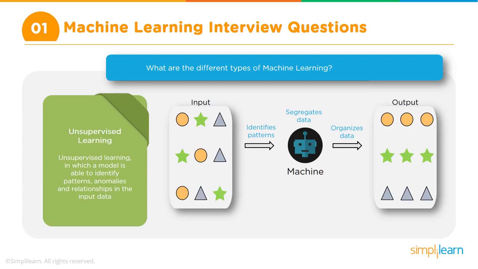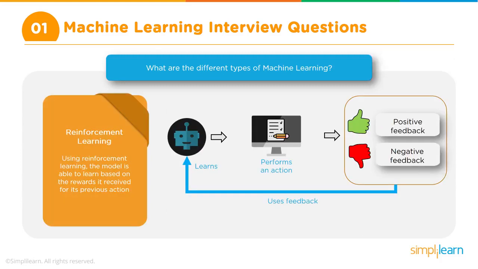Then the third: we have supervised, unsupervised, and then reinforcement. You need to provide a little bit of information around that as well, because it is sometimes a little difficult to come up with a good definition for reinforcement learning. So you may have to elaborate a little on how it works. Reinforcement learning basically has two parts: the agent and the environment.